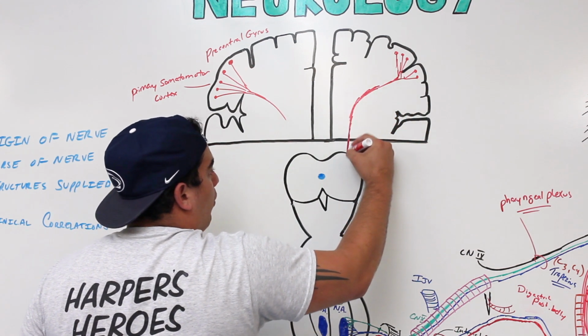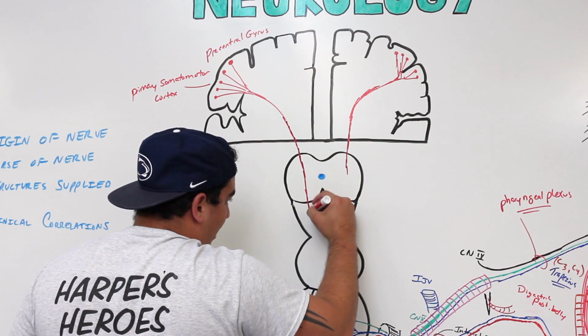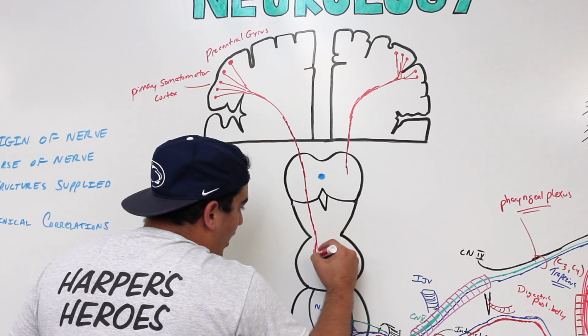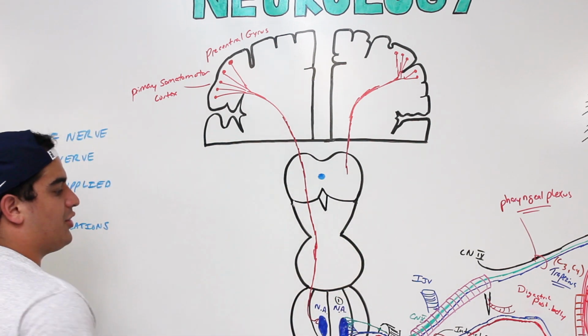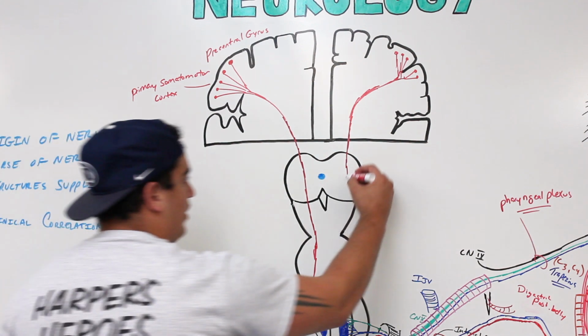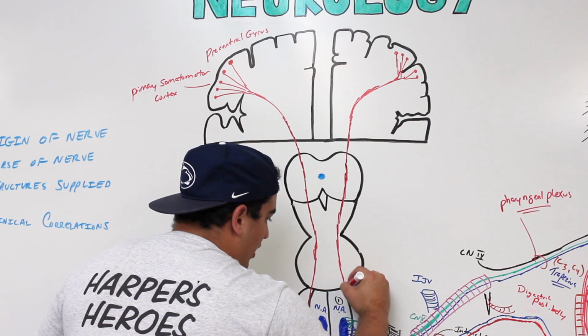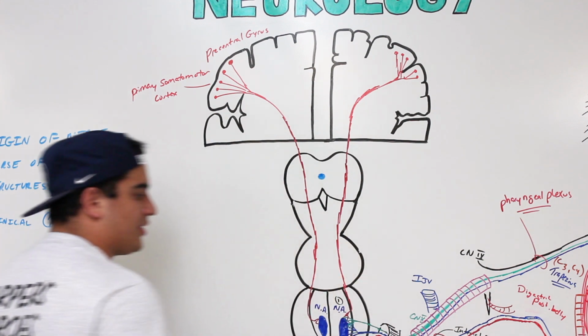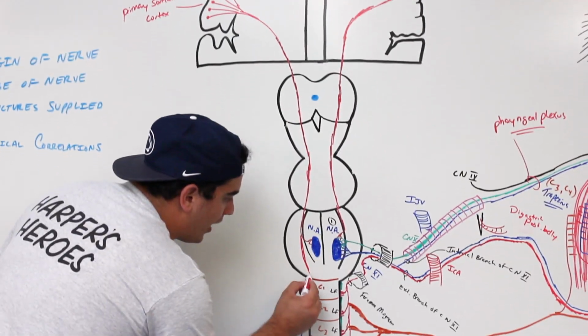As they move downwards, what will happen here? They'll come over here and give a little bit of connections to the nucleus ambiguus. So if we come down here with these corticobulbar fibers, they'll give connections to the nucleus ambiguus. But most of them will continue to move downwards even further and go where?